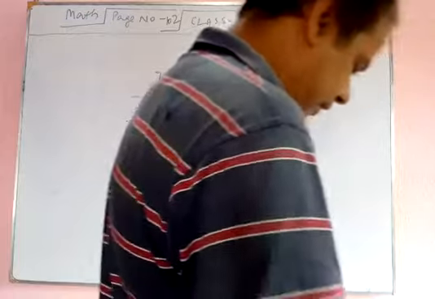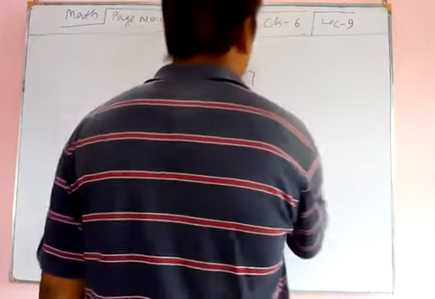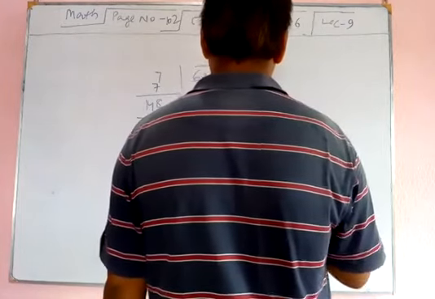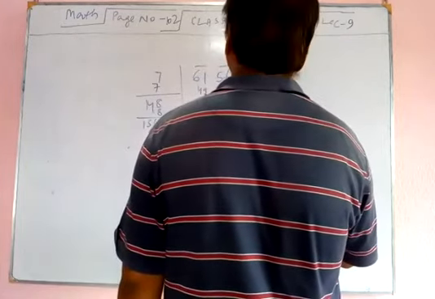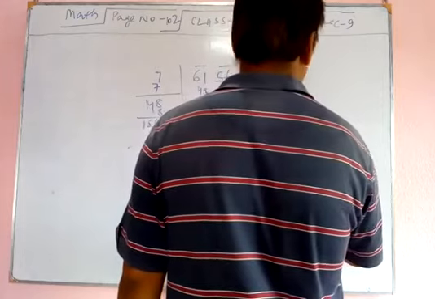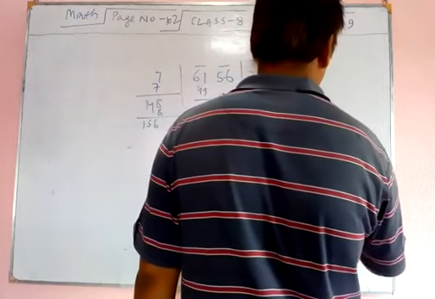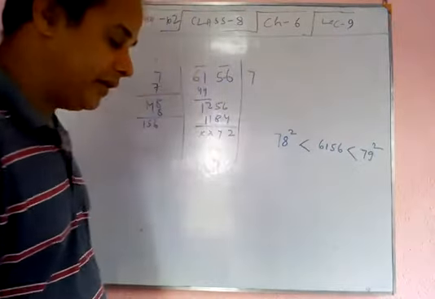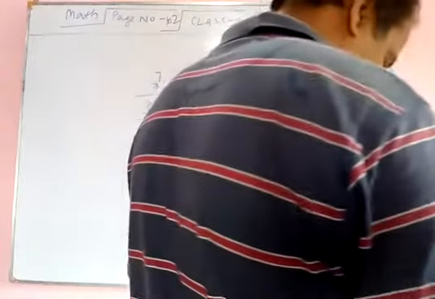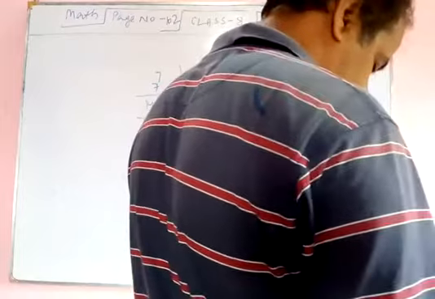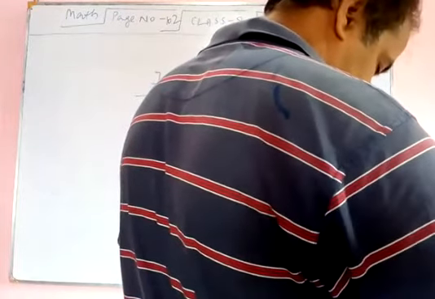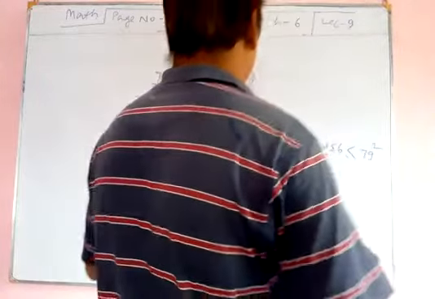So 78 square is less than 6156 and it will be more than the 79 square. So what is the value of 79 square?